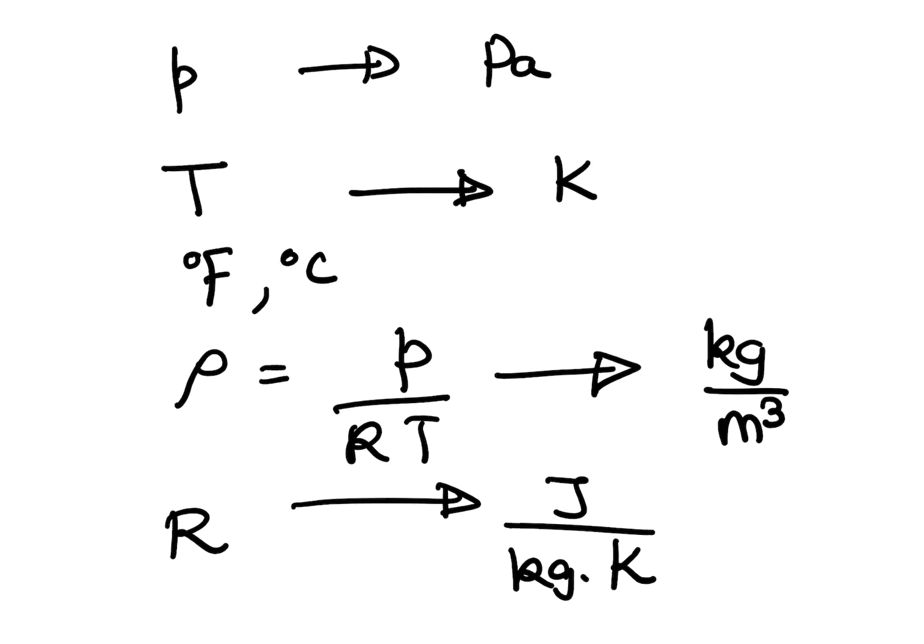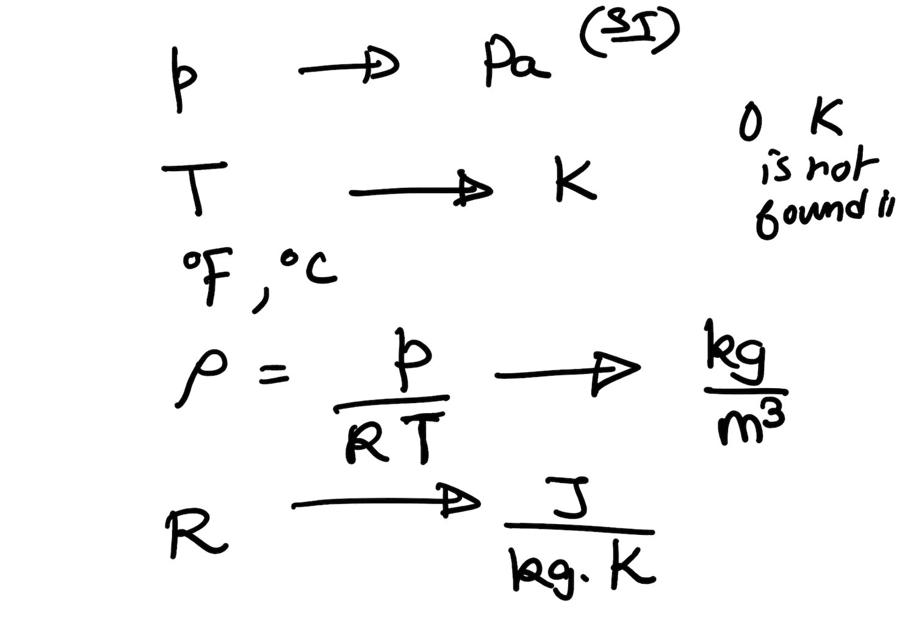The reason I want you to convert any system of units to the SI is because in this equation temperature appears in the denominator. The SI system, the Kelvin scale, is such that the minimum value of temperature is 0 Kelvin, a temperature that is not found in nature.